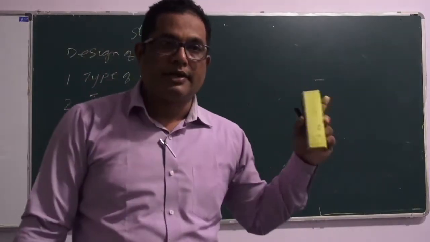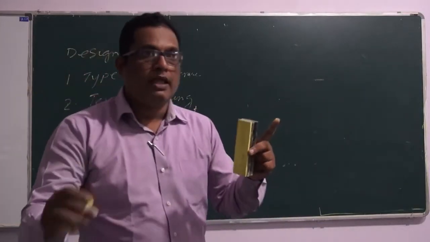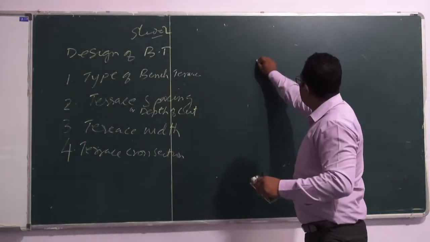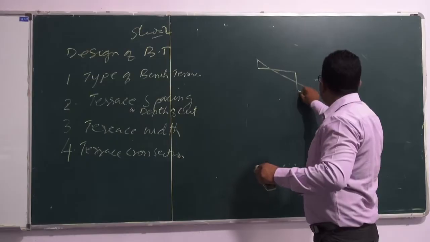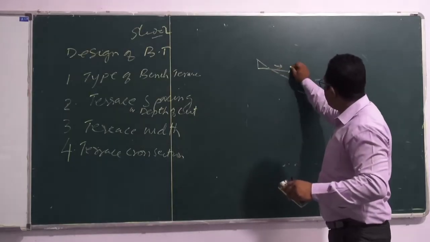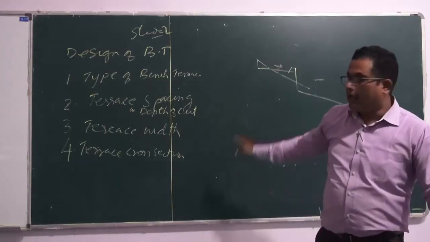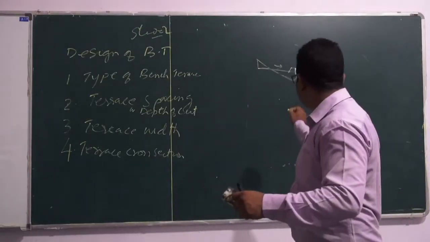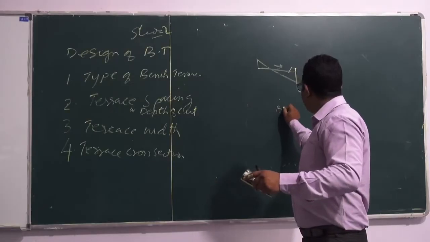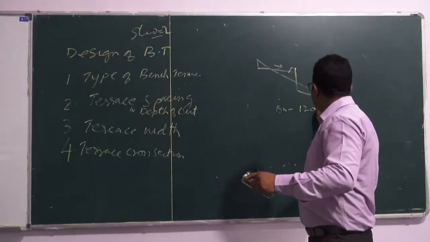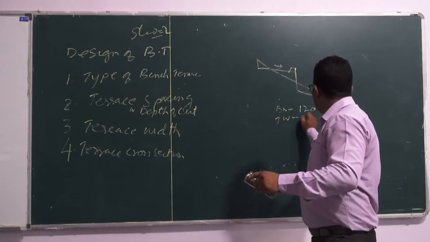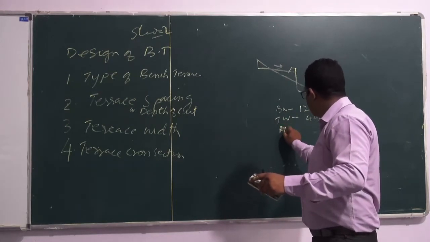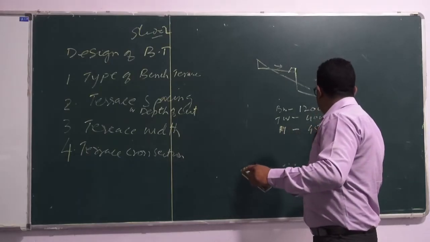Now, the second thing in terrace cross section is for outward sloping bench terraces. There has to be a shoulder band. And what should be the cross section of the shoulder band? Normally the bottom width is kept as 120 centimeter, top width 40 centimeter, and the height in this case is kept at 45 centimeter.